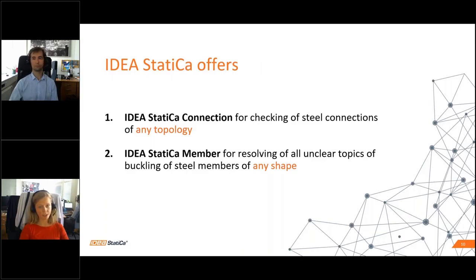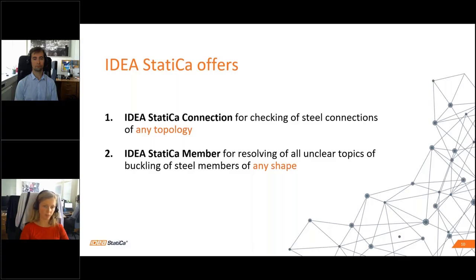We offer engineers our application IDEA StatiCa Connection for checking steel connections of basically any topology. And now, to solve the buckling issues, we introduce our new application IDEA StatiCa Member. Again, you are not limited by any topology requirements.